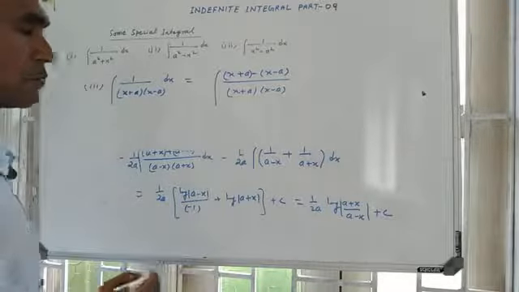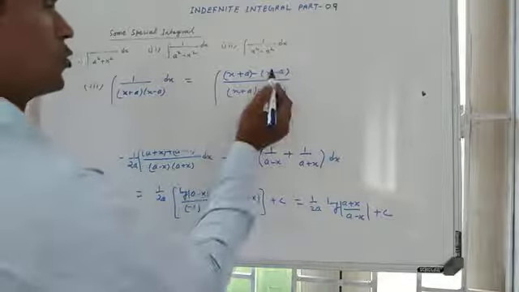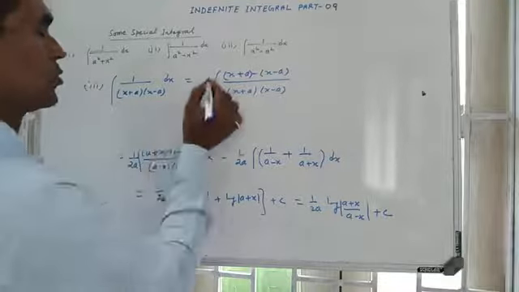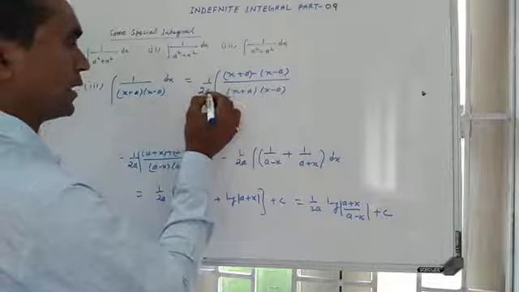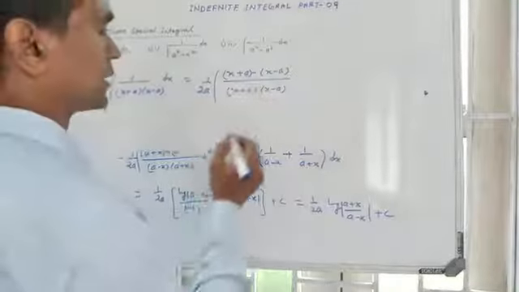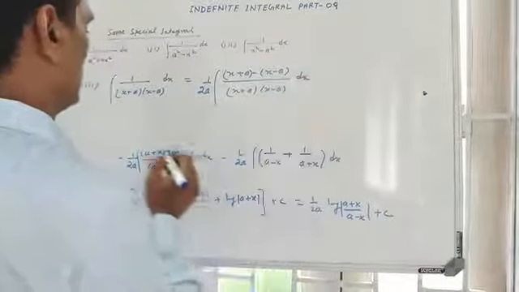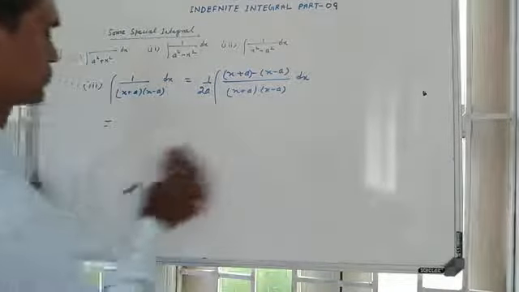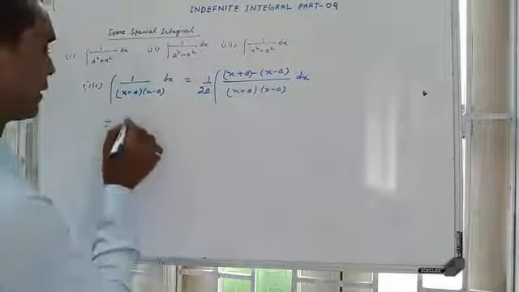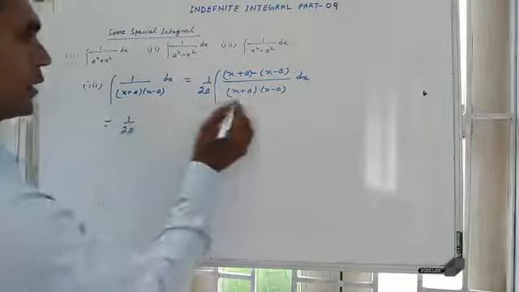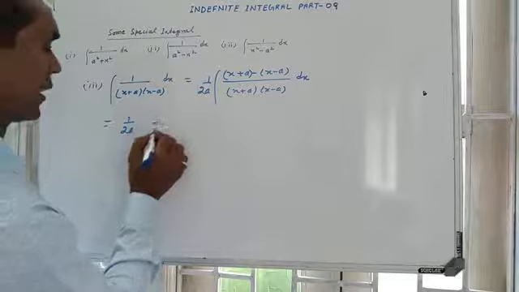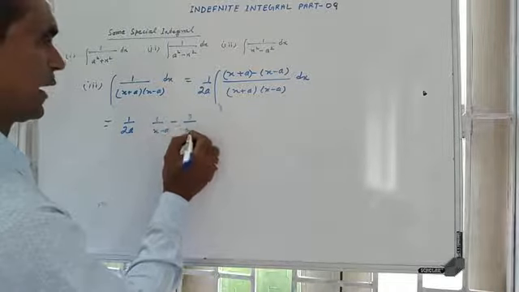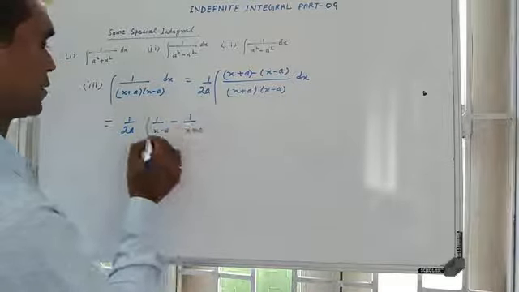Again, if you observe its numerator, 2a, the numerator has been multiplied by 2a, so to balance it you divide by 2a. Here x will again cancel. Now divide it separately. 1 by 2a and 1 by x minus a minus 1 by x plus a.